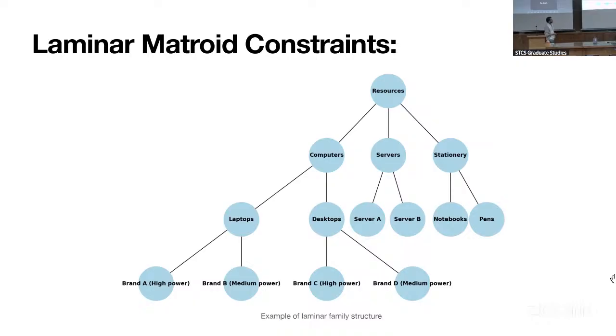This is basically the Laminar family structure, and the constraint is defined on every node of the tree. For example, we have some constraint on computers, and we also have constraints on desktop and laptop. So this whole Laminar family tree has a limitation on each node. That is basically the Laminar Matroid constraint.